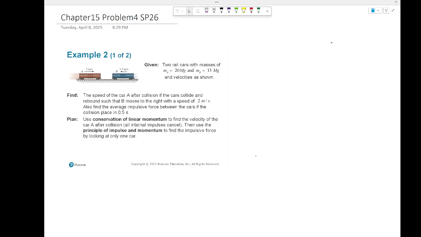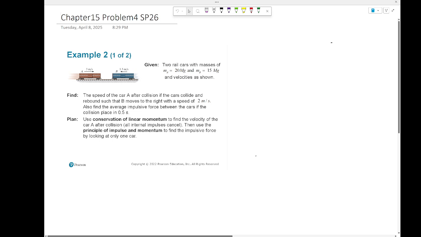Also, find the average impulse force between the cars if the collision takes place in 0.5 seconds. You remember the impulse force multiplied by time, FT. Just remember FT. So that's the F we've got to find.